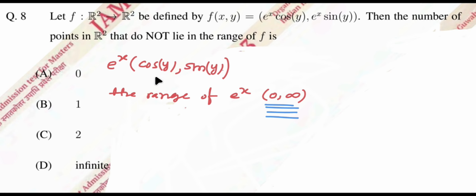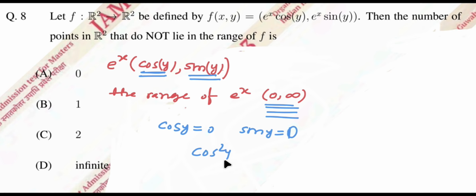So you would have to make cos y equal to 0 and sin y equal to 0, but both simultaneously cannot be 0, because of the identity cos square y plus sin square y equals 1. So these two cannot be 0 simultaneously. Okay, so the origin does not lie on this range.